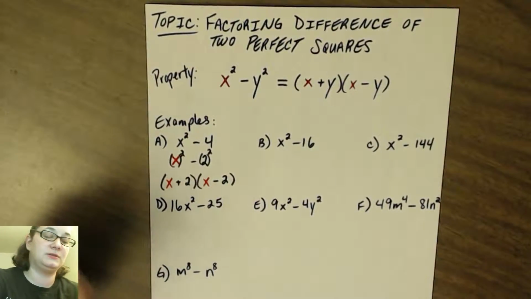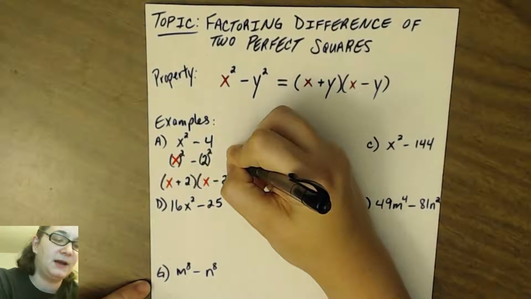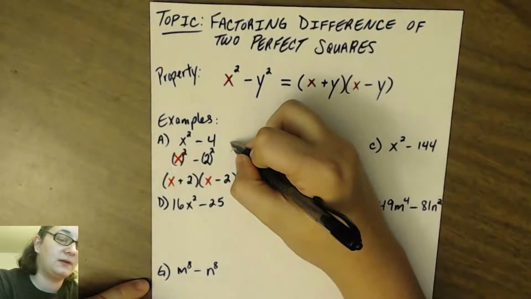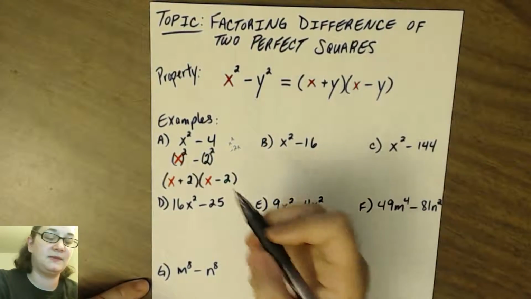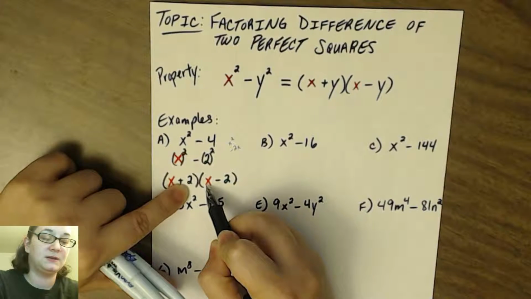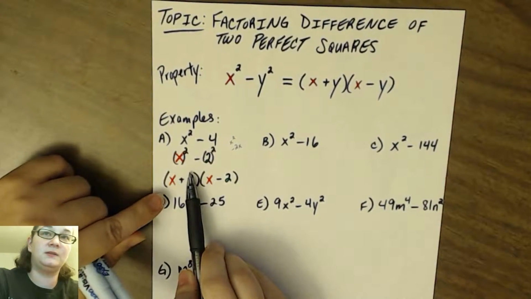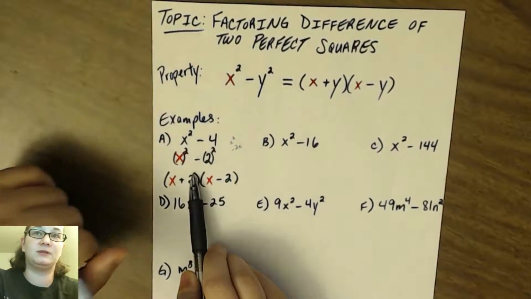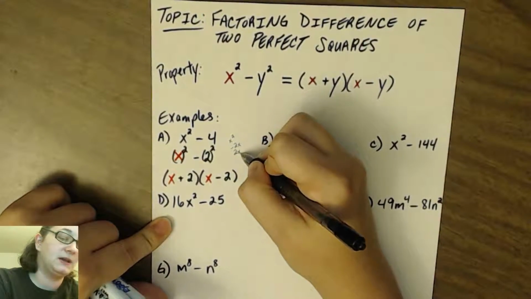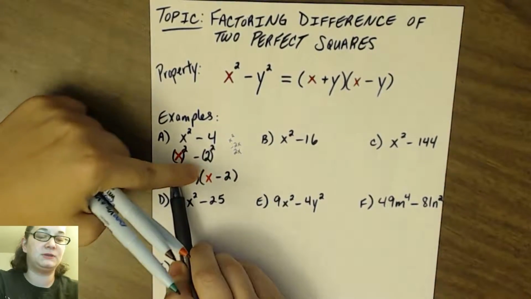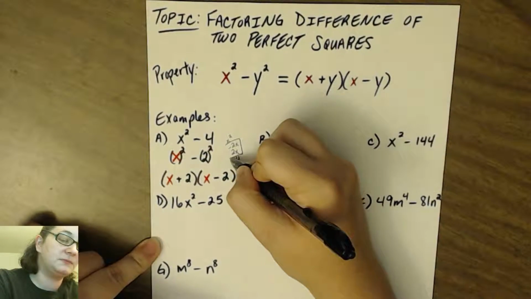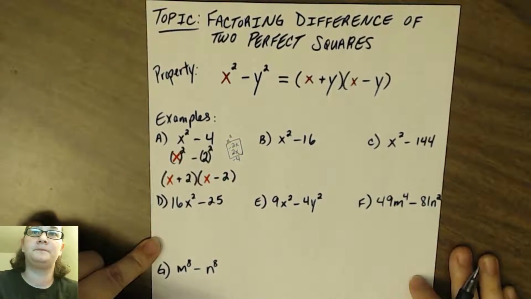So I have an x squared, a negative 2x, and then 2 times x. I've distributed the first one to both of those, and I distribute the second one to both of these. So 2 times x is positive 2x, and 2 times a negative 2 gives me the negative 4.